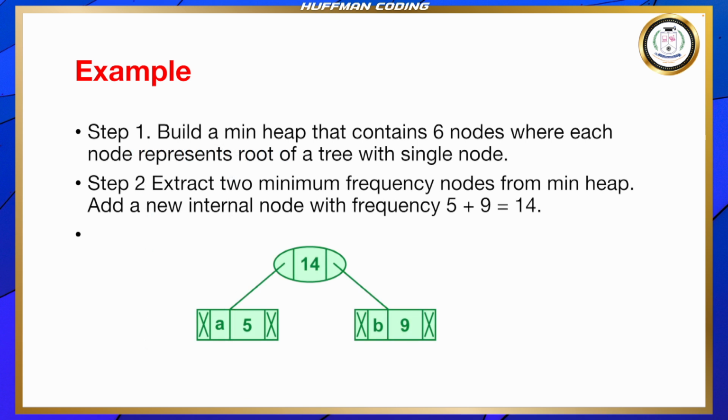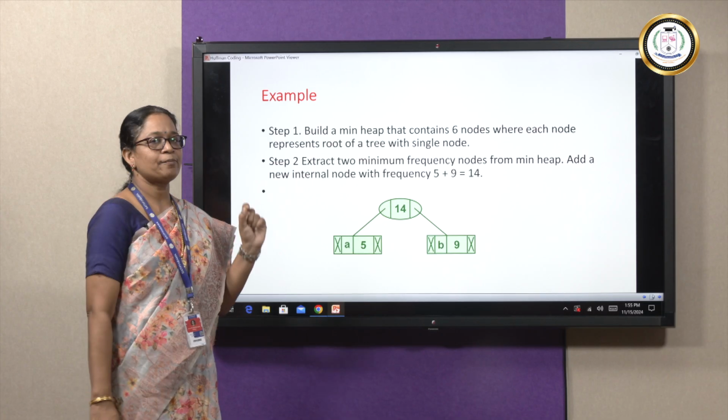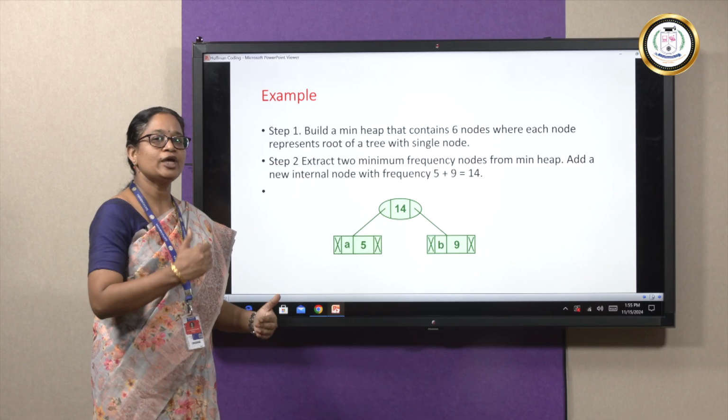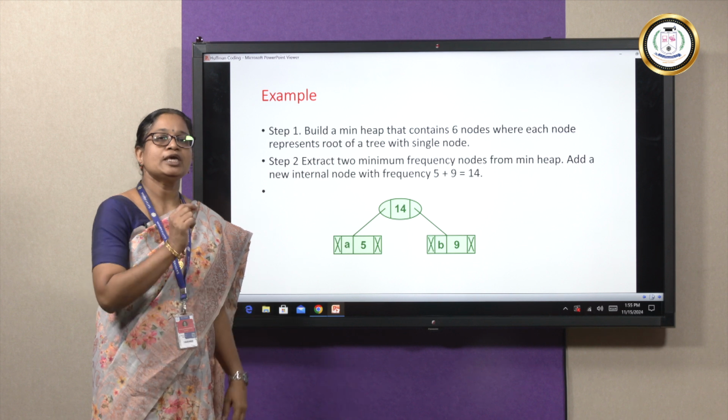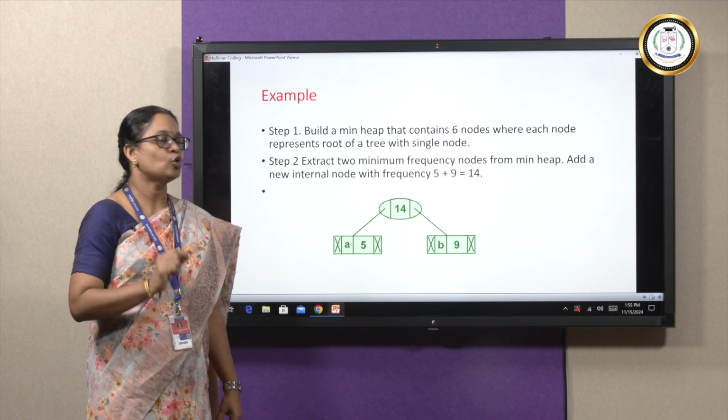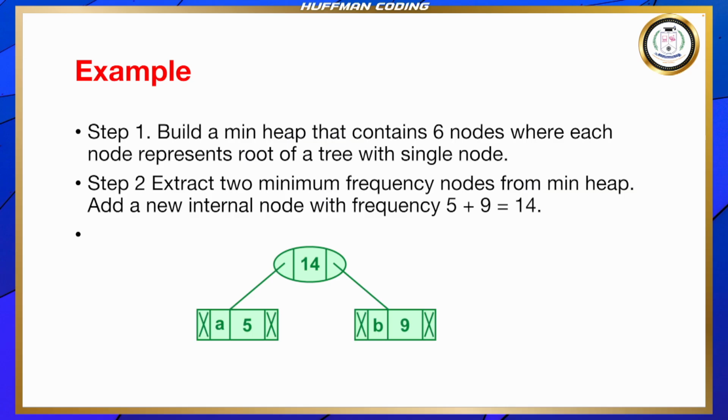So the next step is to build a min heap that contains 6 nodes because the input set is 6. Each node represents a root of a tree. Now extract the two minimum frequency nodes from the given heap. The two minimum frequencies are 5 and 9.